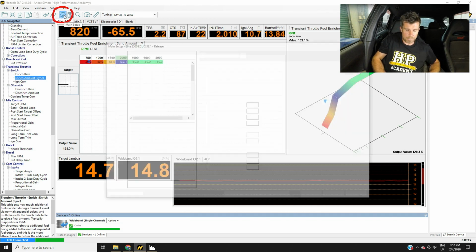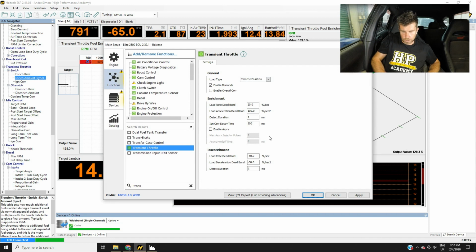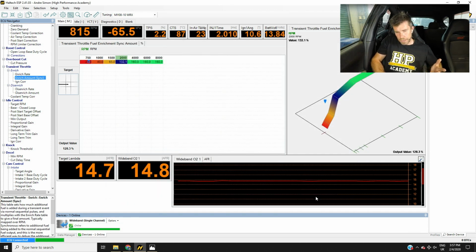So we'll go to our main setup, and we're going to go through to our load acceleration deadband. Now remember, this is essentially our decay parameter. Again, initially let's make a wholesale change. Let's just halve that value. It doesn't matter, we can always come back and make a change to that later. So we'll apply that change. Let's go through and we'll have one final look at that value there.